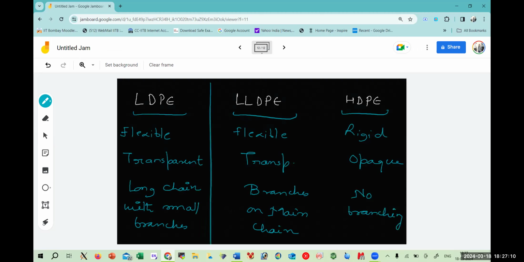And obviously the density, we know the range: 0.9 to 0.925, 0.925 to 0.94, 0.94 to 0.97.